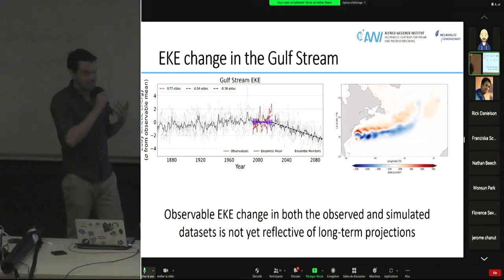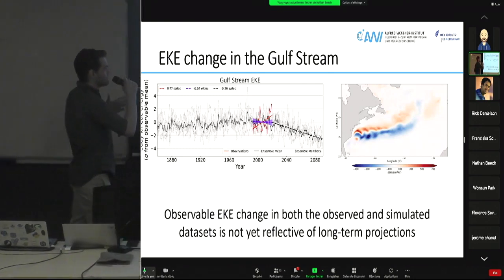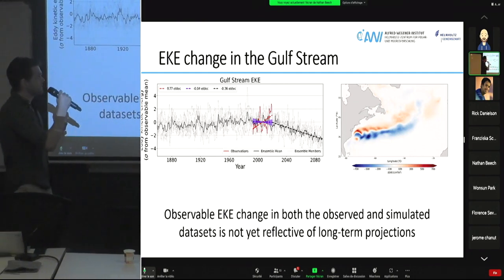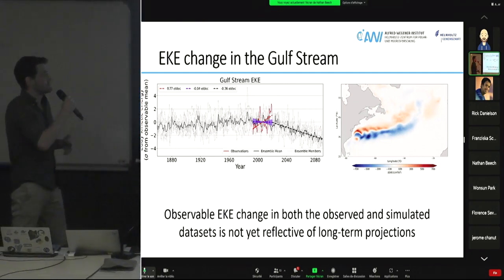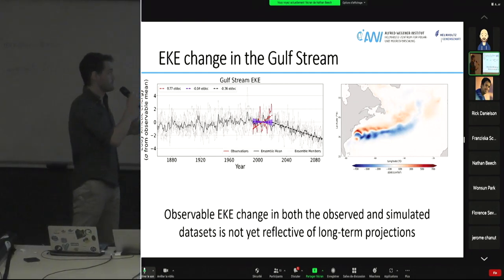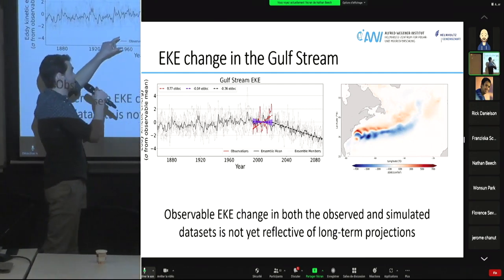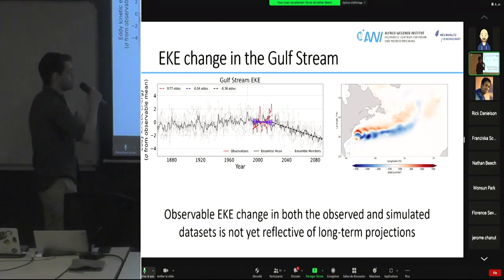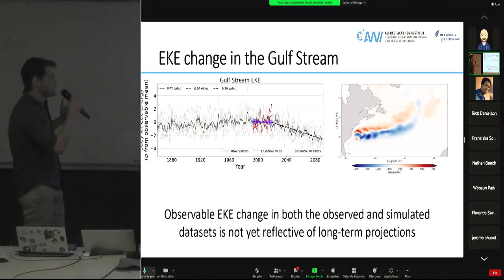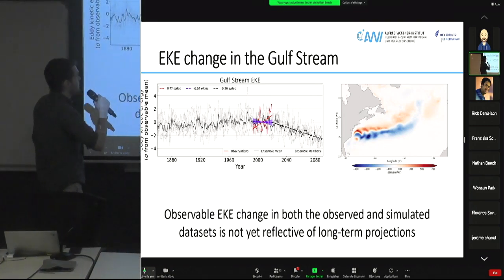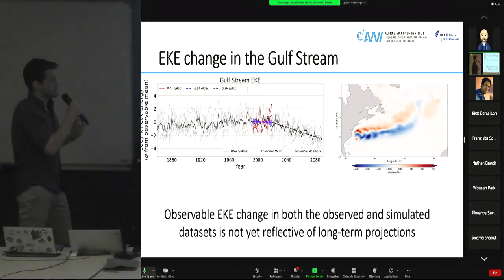To put that in the context of the observational record, so in red here, there is an increase in eddy activity observable, but this change is statistically insignificant. And then in the model ensemble, so the ensemble spread is shaded here, and the ensemble mean trend is the dashed blue line. And so we see the ensemble mean is pretty close to zero. The ensemble spread includes both positive and negative trends.